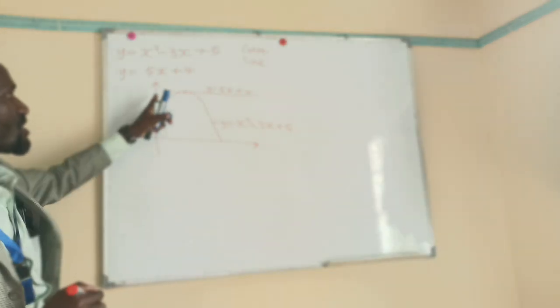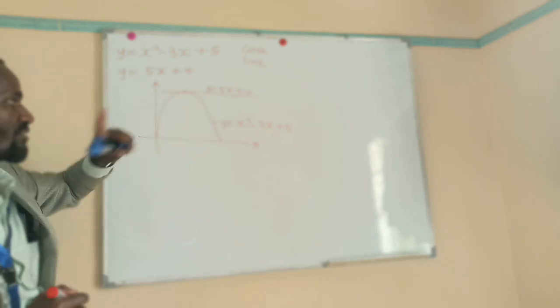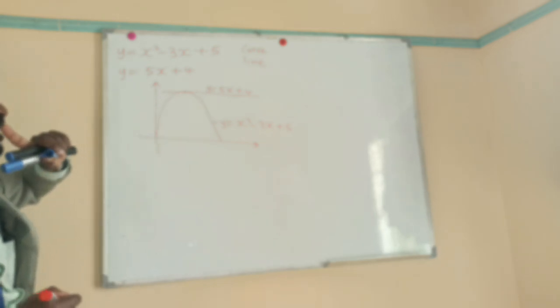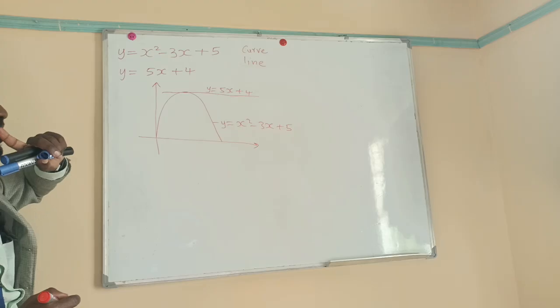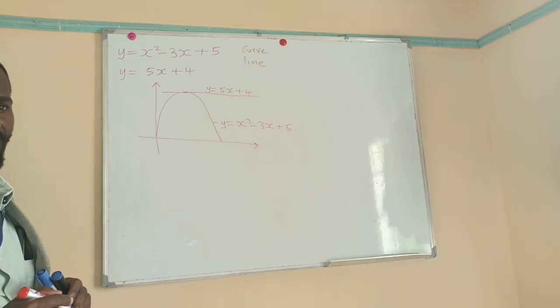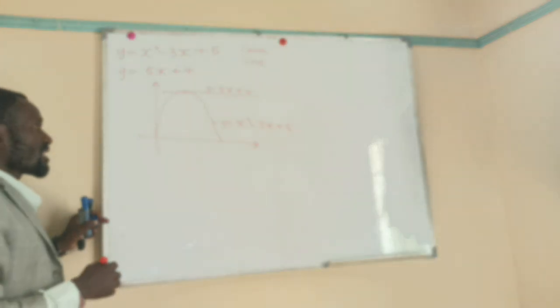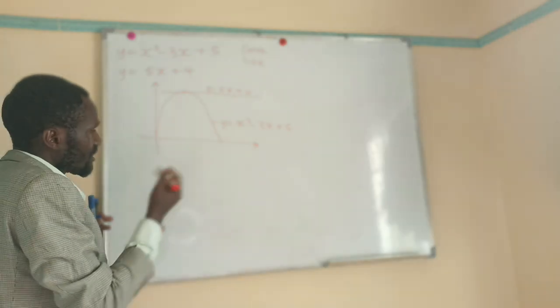So where the straight line makes contact with the curve, we are supposed to have the same gradient for the two, both the curve and the straight line.